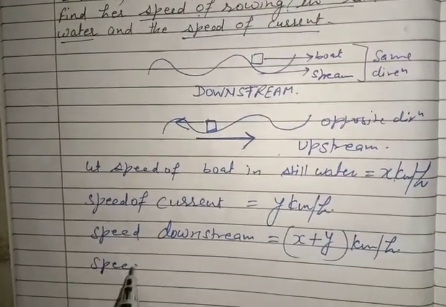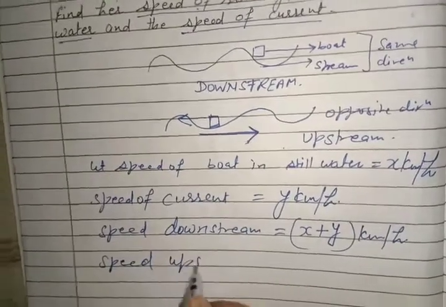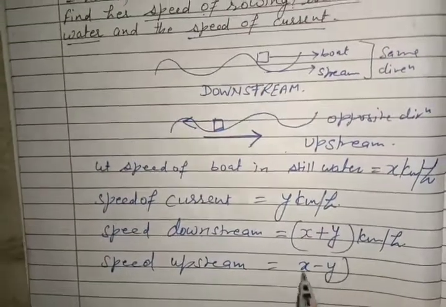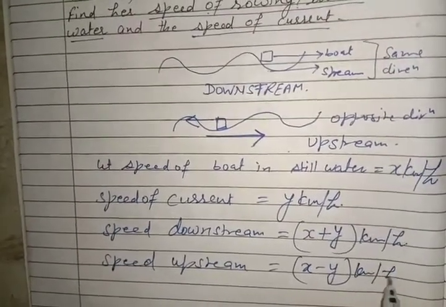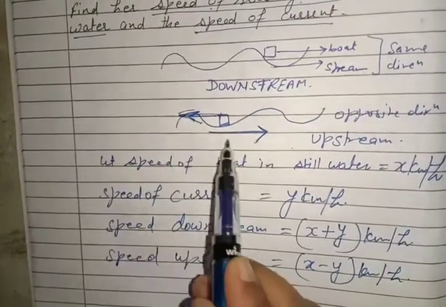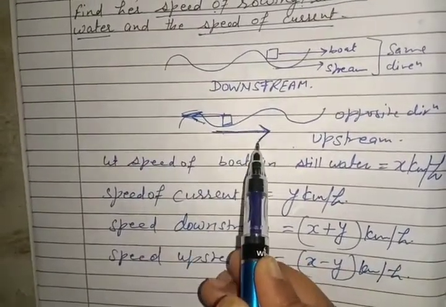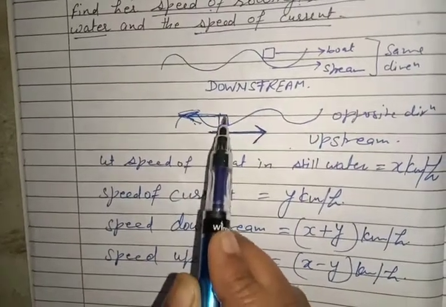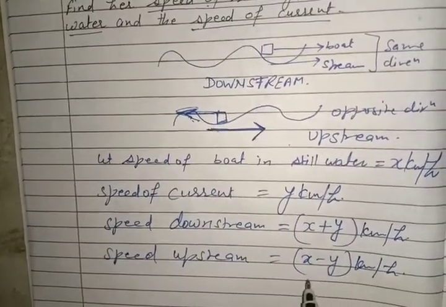Similarly, speed upstream is x minus y, because they both are in opposite direction. Boat is going this side and stream is going this side. If they both are in opposite direction, then together their speed will get decreased.